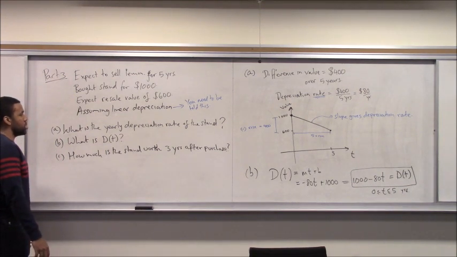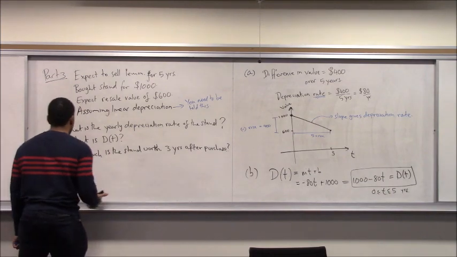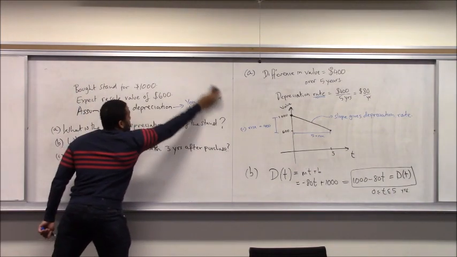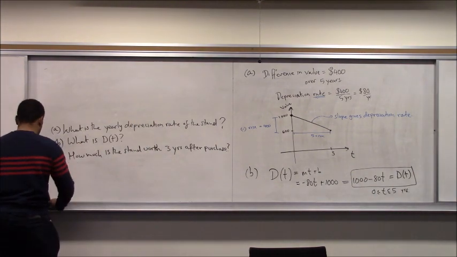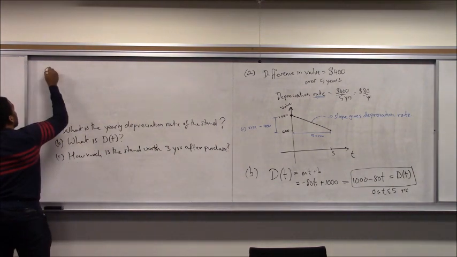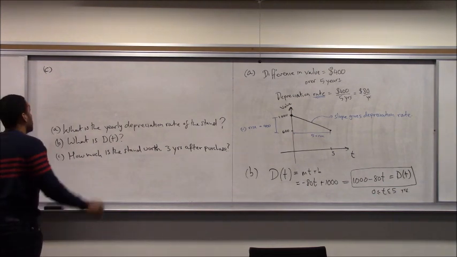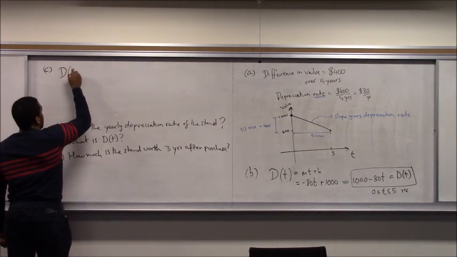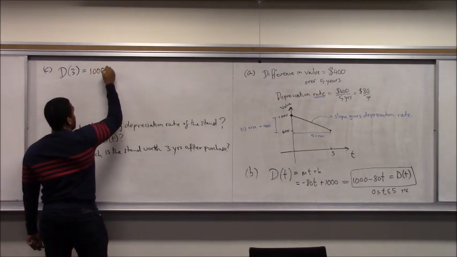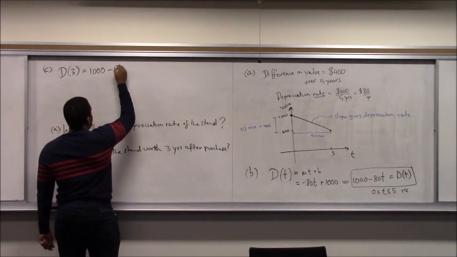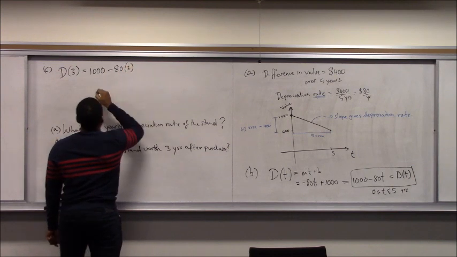Okay, how much would it be worth 3 years after purchase? 760. So this is just asking for d of 3. So it's just going to be 1,000 minus 80 times 3.